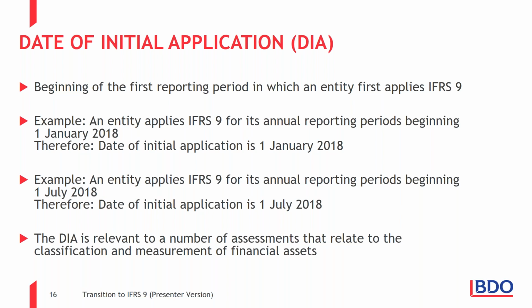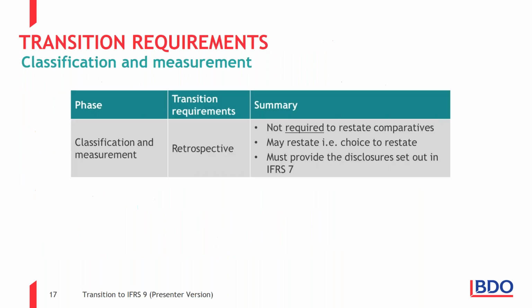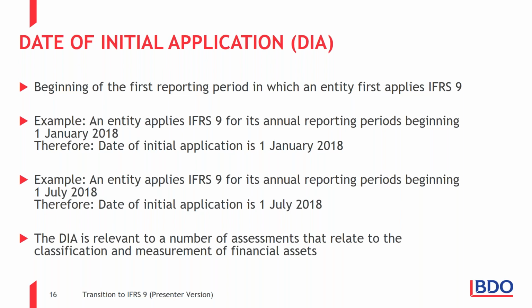So, two examples. First example, bullet point 2. If an entity applies IFRS 9 for its annual reporting periods beginning on or after 1 January 2018, and that would be because your year end is 31 December 2018, your date of initial application would be 1 January 2018.